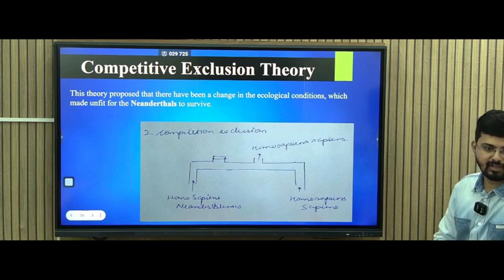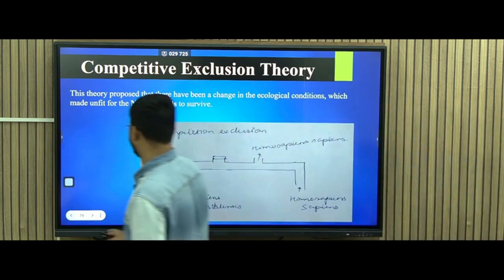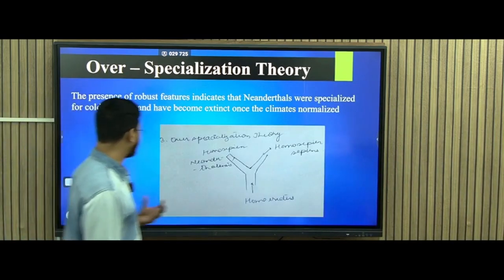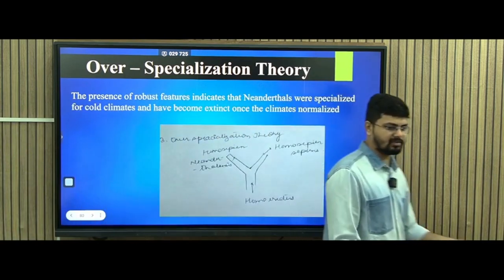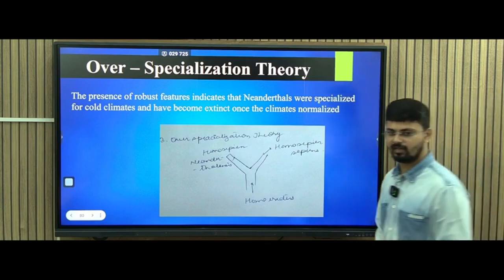Whoever has an advantage and is dominating will survive, and the other will become extinct. So that is the competitive exclusion theory. Then you have over specialization. When you are more specialized for cold climates, when the temperature changes, you will become extinct. That is the other theory, the over specialization theory.